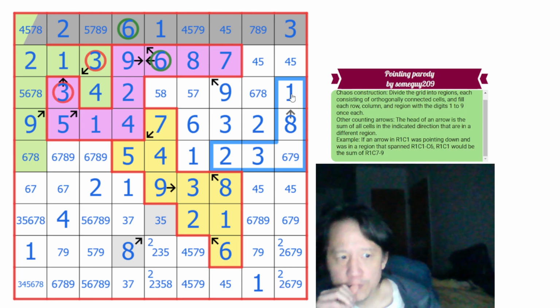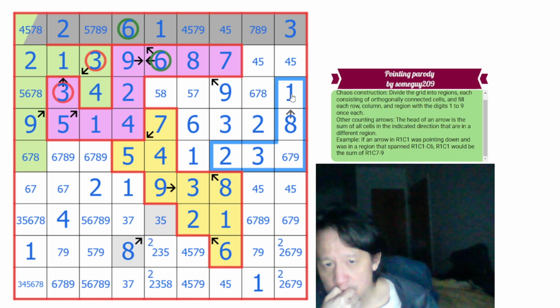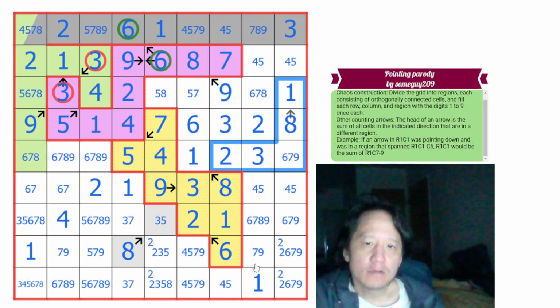Where? So both of these ones take these threes.